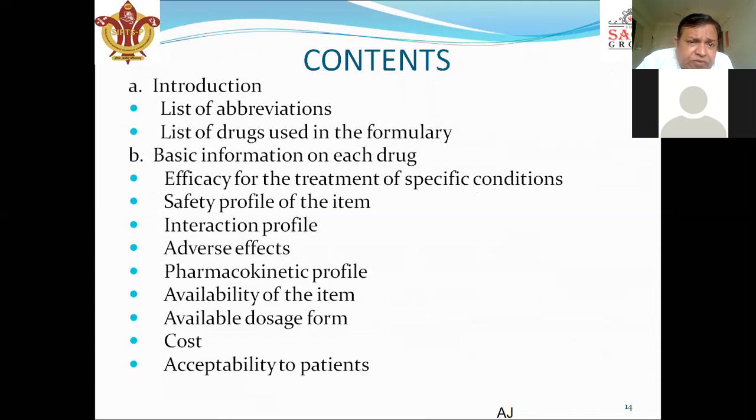Second, the basic information of each drug, like efficacy for the treatment of specific conditions, safety profile of the item, interaction profile, adverse effects, pharmacokinetic profile of that particular drug, availability of the item, available dosage forms, its cost, and acceptability to the patient. These must be included in formulary.